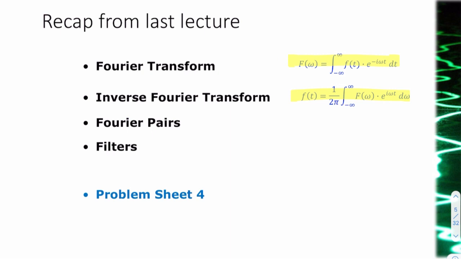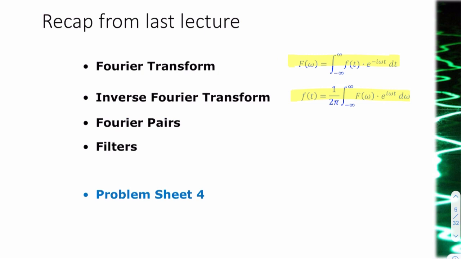So the two main differences between these integrals are the minus sign for the Fourier transform and the lack of minus sign in the inverse Fourier transform, and the 2 pi factor. The 2 pi factor comes about because we're not using frequency in hertz, we're not using f, we're using omega, which is equal to 2 pi times f.